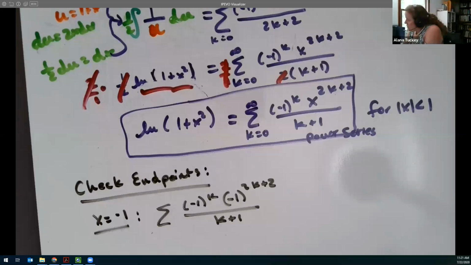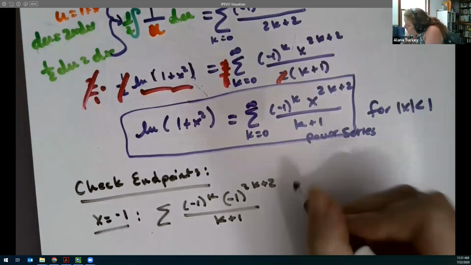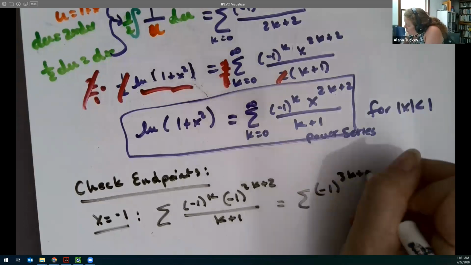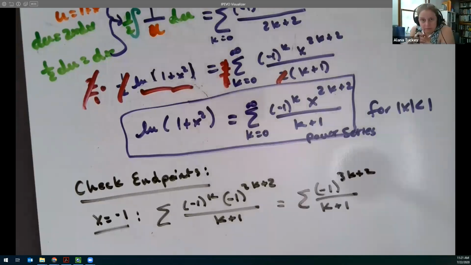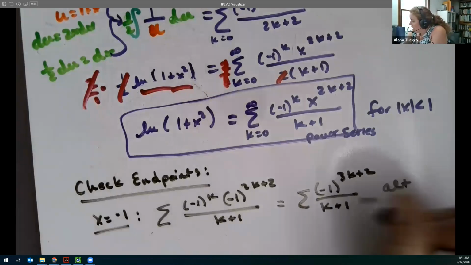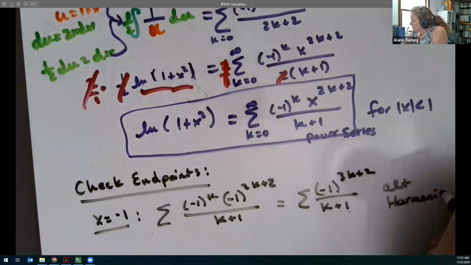So this is -1 to the 3k plus 2 over k plus 1. It's the alternating harmonic series. I mean, it's glorified, but that's what it is. Alternating because of the top, harmonic because of the bottom. So it converges.